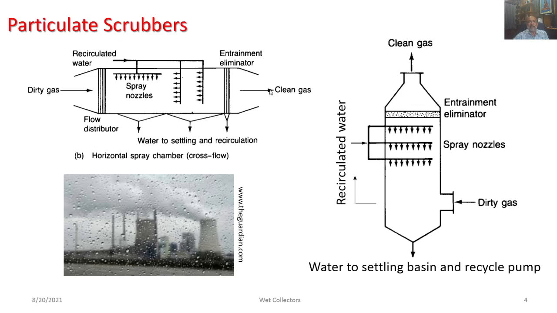The clean gas passes through the entrainment eliminator and is led out to the stacks to enter the atmosphere. A similar interaction can be had with this spray tower, which shows the position of the spray nozzles, the entry of the gas and the exit of the gas.